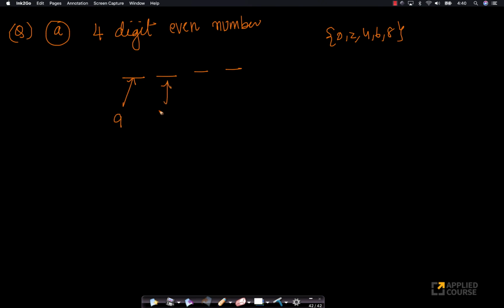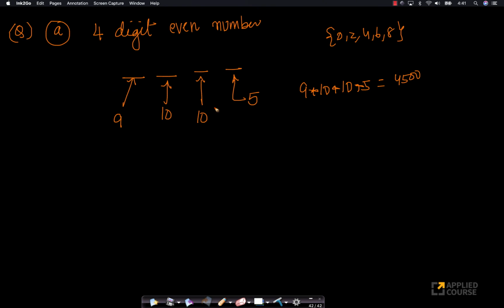How many possibilities here? 10 possibilities. How many possibilities here? 10 possibilities, because any digit from 0 to 9 can be here. But since it's an even number, there are only 5 possible values here. Right? So how many 4-digit even numbers are there? 9 into 10 into 10 into 5. So 900 into 5, 4500.